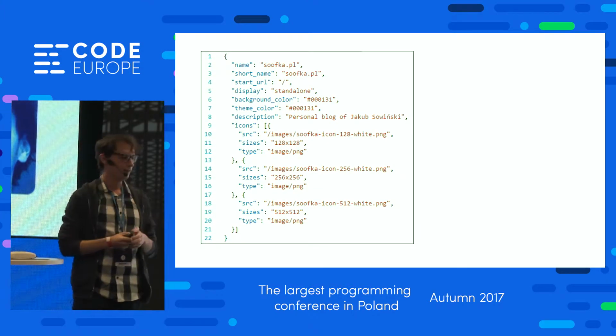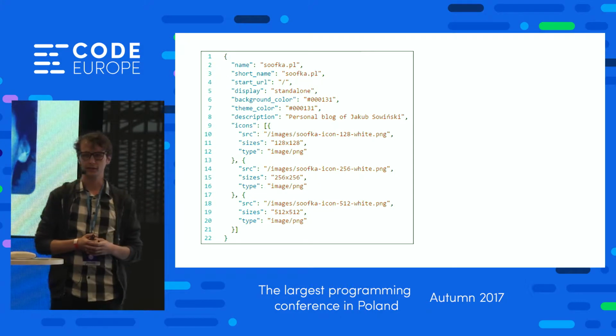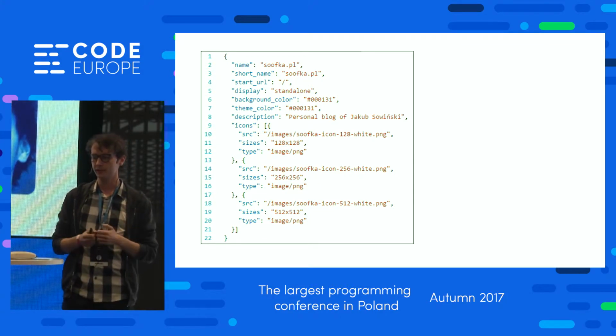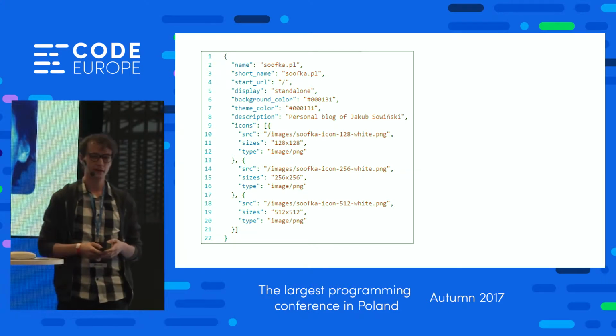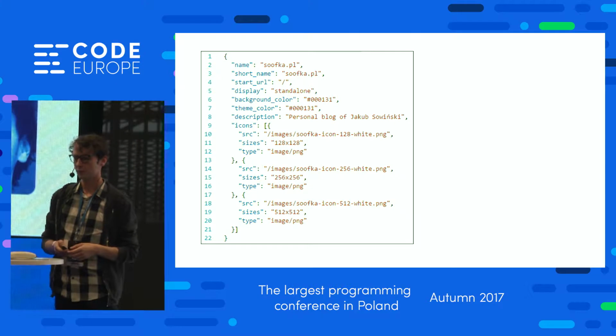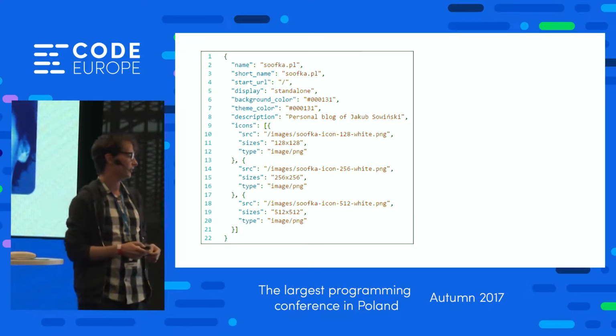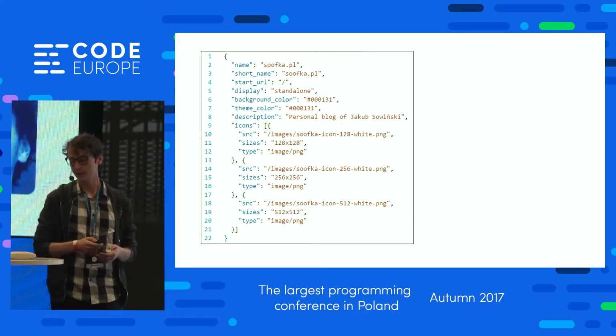And this is an example from my blog of such a manifest JSON. And as simple as it is, it provides me with a few cool features out of the box. Which ones? So my website is now an application, right?